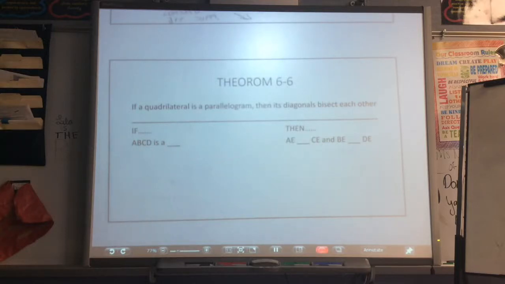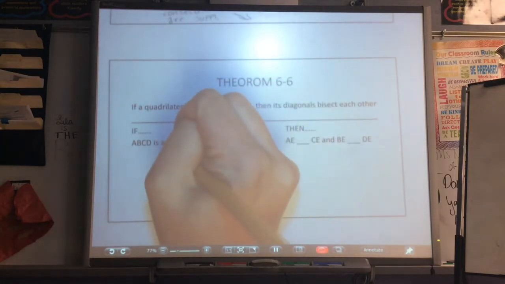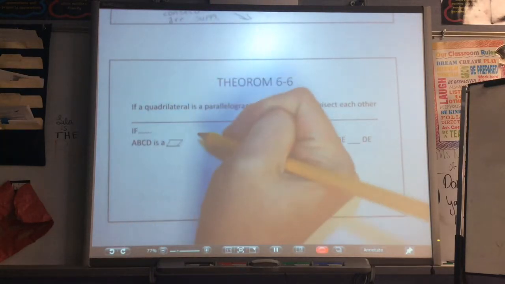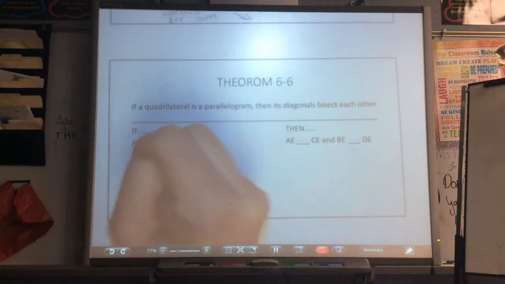Theorem 6-6 states, if a quadrilateral is a parallelogram, then its diagonals bisect each other. So if ABCD is a parallelogram, we're going to draw ABCD.